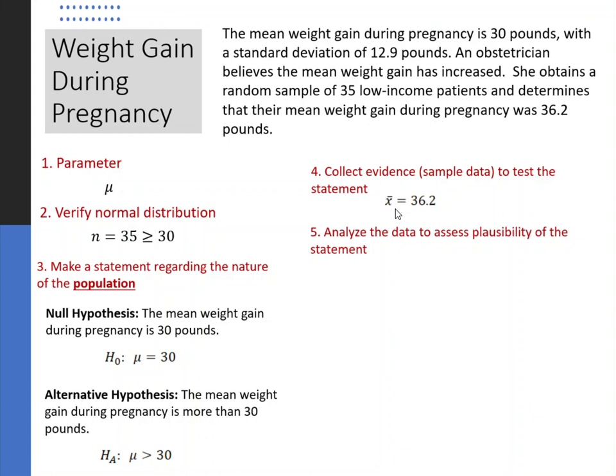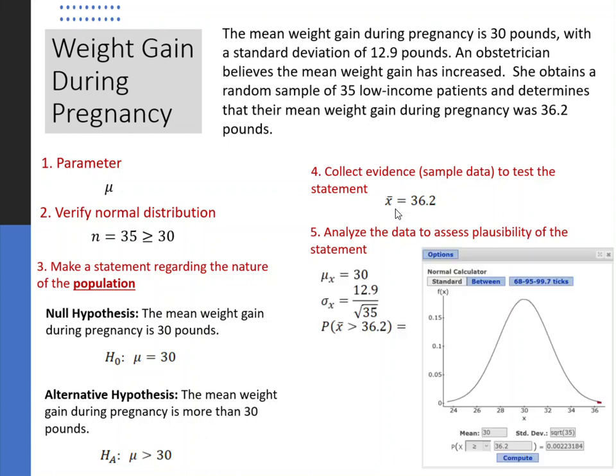In Chapter 8, or previously, we did that, as a matter of fact, by using the normal calculator. When we answered this particular question, we used the normal calculator to find what's the probability of getting a sample x bar greater than 36.2.